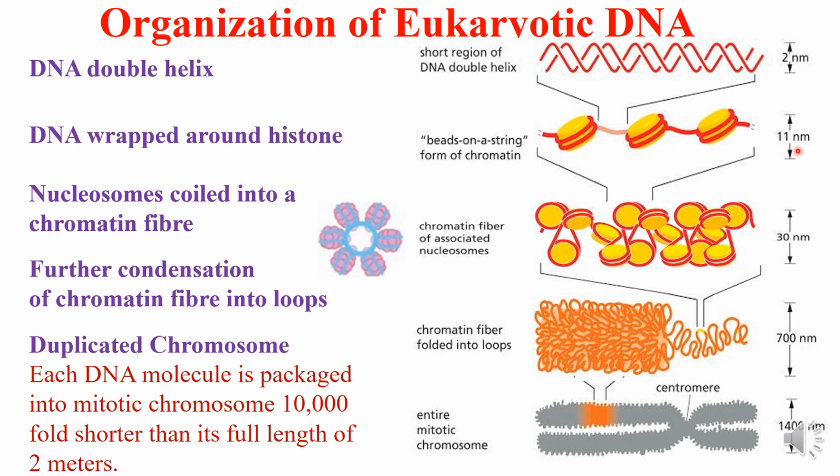So by this time the DNA reaches from 2 nanometers to 11 nanometers to 30 nanometers to further compaction of 700 nanometers and finally to 1400 nanometers. When it reaches the 1400 nanometer folding, by this time the chromosome has folded 10,000 times shorter. Okay, so this is how the folding of DNA and its organization inside the nucleus occurs.